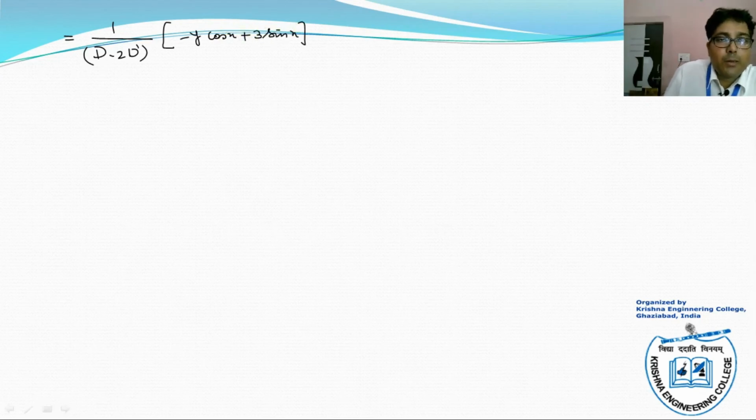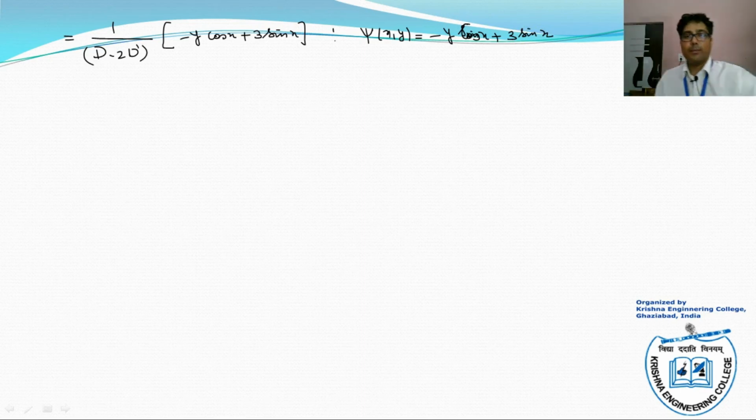For this factor, here psi(x, y) is minus, y cos x plus 3 sin x. Clear?